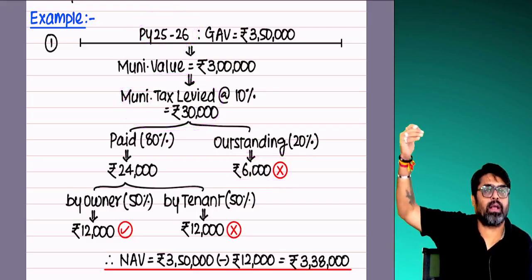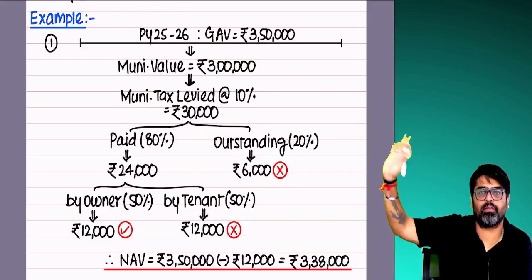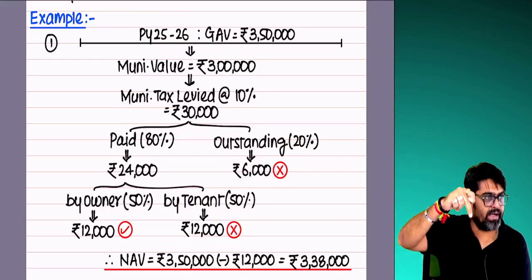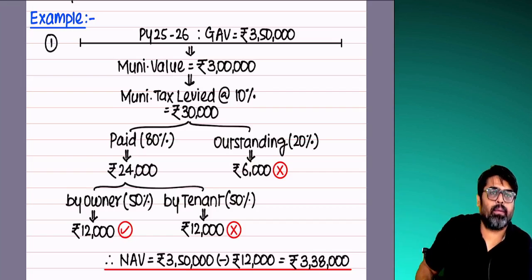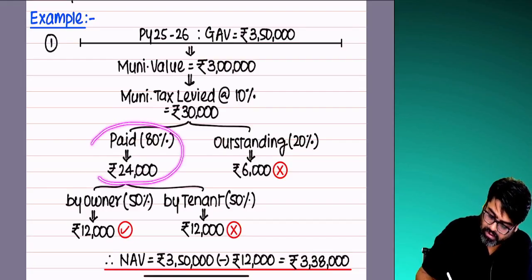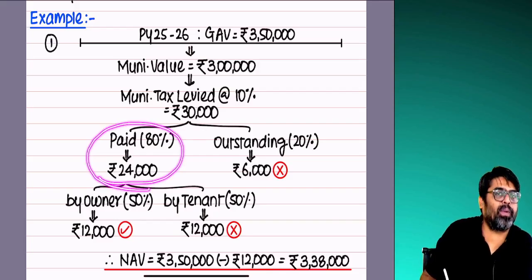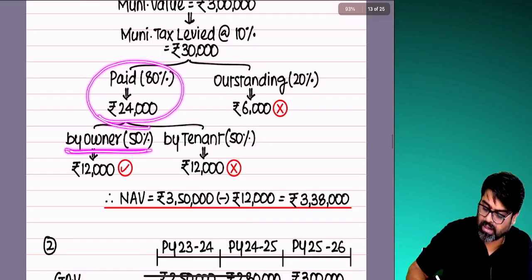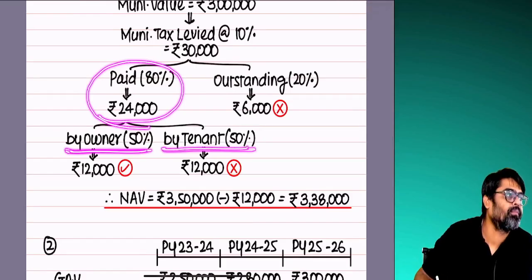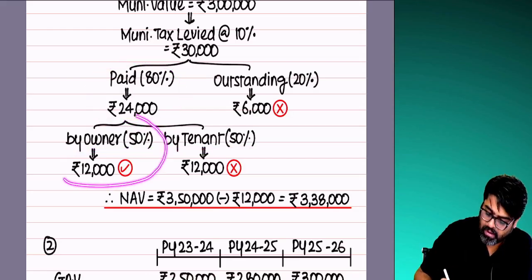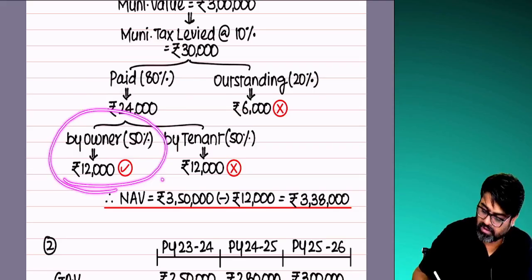The year in which you actually pay, in that year you will claim this 6,000, but not in this year. Even if this 6,000 relates to this year, it still cannot be claimed in this year, because it is not paid in this year. Got it? Now, how much is paid in this year? 24,000. Out of this, half is paid by the owner and half is paid by the tenant. Paid means borne. So how much is borne by the owner? How much is borne by the tenant?